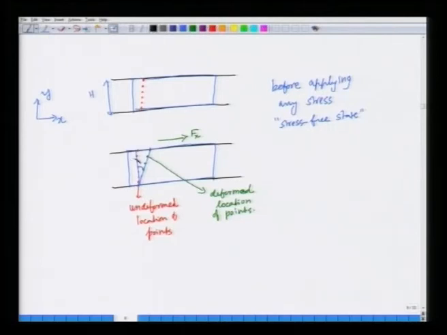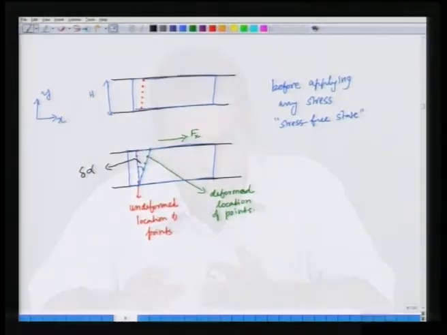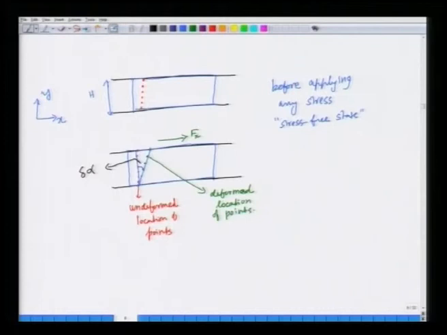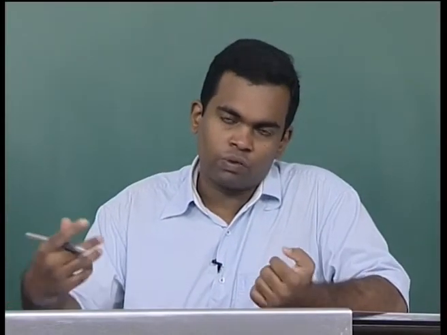This deformation can be characterized by an angle delta alpha, because if you apply a very small force, then the amount of deflection of this blue line, let's draw it with a green line, is very small. So, this delta alpha is a measure of what is called the strain in the solid, because a solid undergoes some deformation in response to the applied stress, but it does not continue to deform, it merely stops deforming because of the internal stresses.